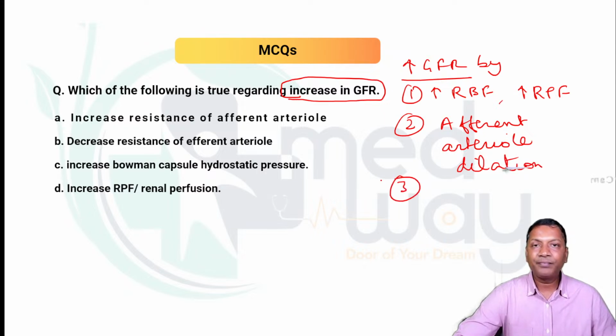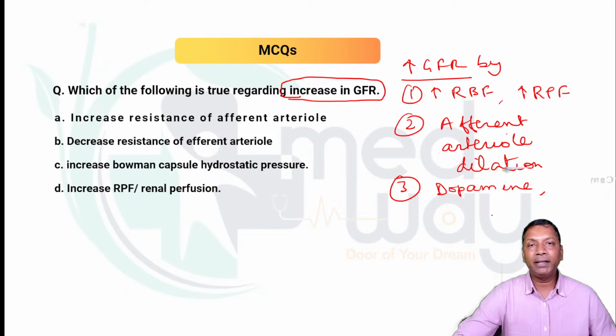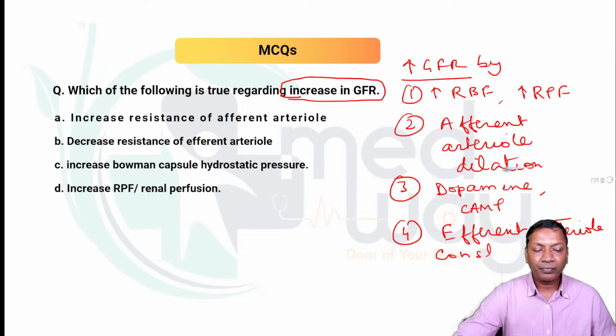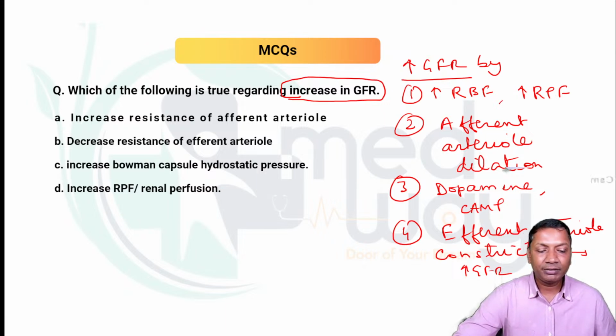The third factor is some hormones which will increase the GFR, for example dopamine, and some other factors, for example cyclic AMP. Then the fourth is efferent arteriole constriction. The efferent arteriole constriction initially will increase the GFR due to the increase in hydrostatic pressure, right?